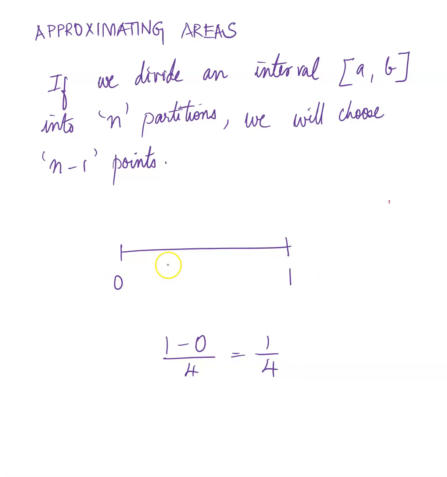So 0 plus 1/4 is 1/4. 1/4 plus 1/4, 1/2. 1/2 plus 1/4 is 3/4. 3/4 plus 1/4 will be 1. So technically speaking, we got 3 points to get 4 subintervals. And that is what we mean by we choose n minus 1 points.